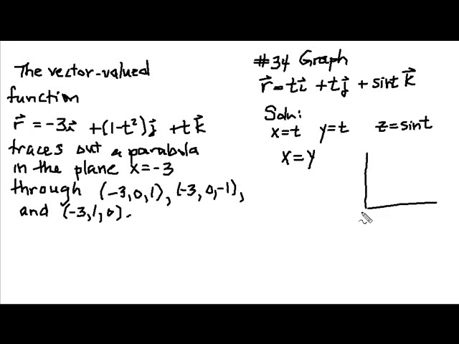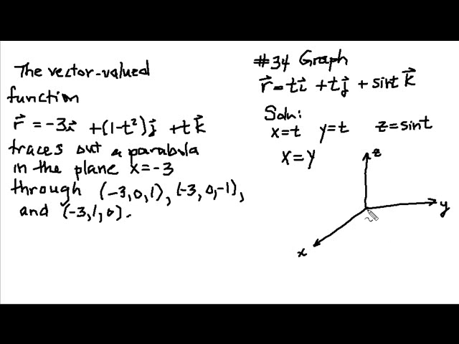Okay, now what if we weren't in 3 space? What if we were just looking at the xy plane? So we're just going to come down here and just look at the xy plane. Well, in the xy plane, the line x equals y cuts right through on a 45-degree angle through the first and fourth quadrants.